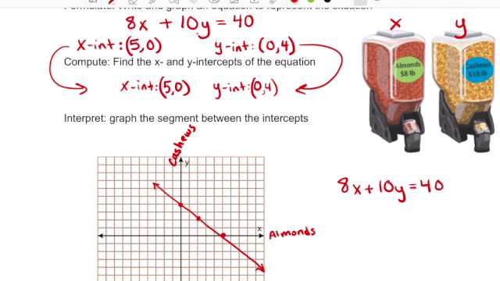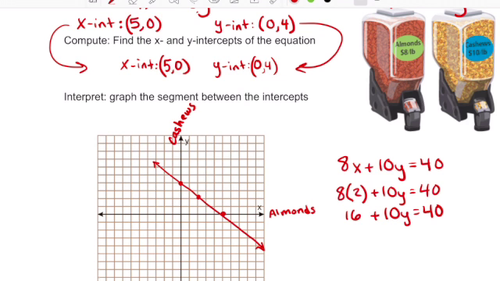Since almonds are x, I would plug in 2 to my x. Plus 10y equals 40. I'm not going to plug the 2 into the y because I want to know when I buy 2 pounds of almonds, how many pounds of cashews can Tamara buy? So 8 times 2 is 16 plus 10y equals 40.